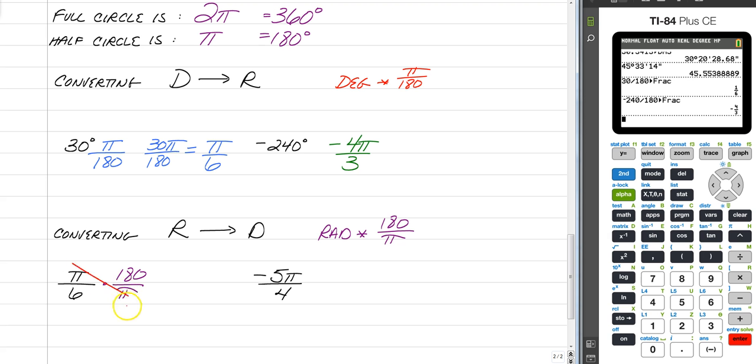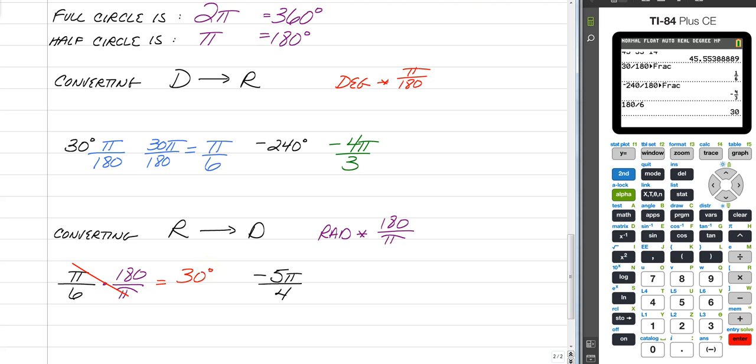And of course our pi's are going to cancel, and we're left with just 180 divided by 6. And sometimes you're going to have decimals, sometimes you're going to just have beautiful numbers. So in this case, all you got to do is 180 divided by 6, and you probably already knew that was going to be 30 degrees. If not, now you know.